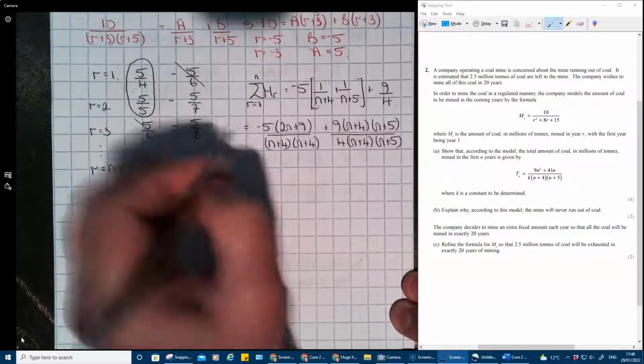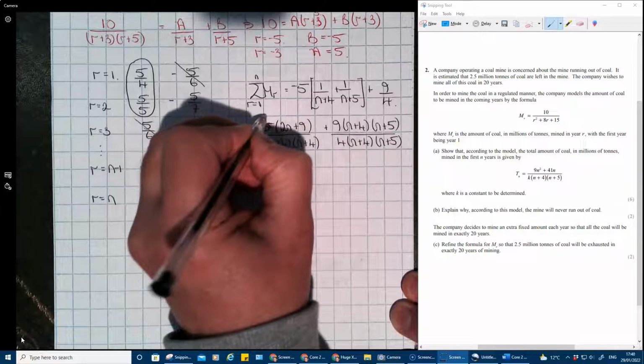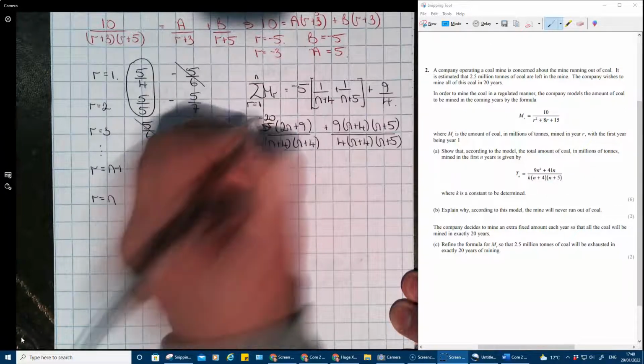So I'm going to multiply both of these by 4 as well at the same time, so 4 there and a minus 20 there.